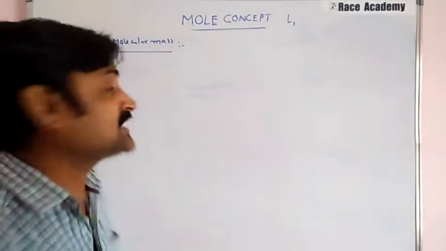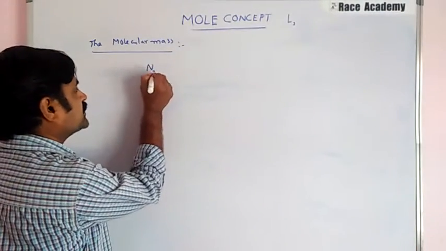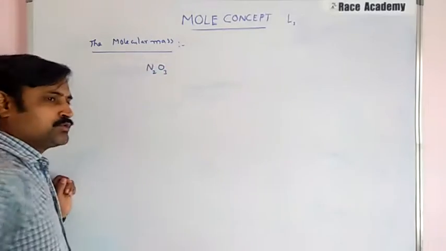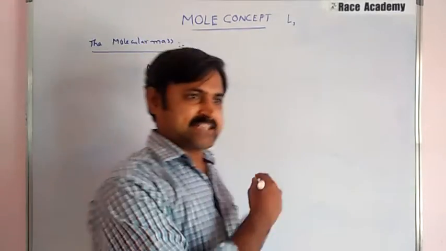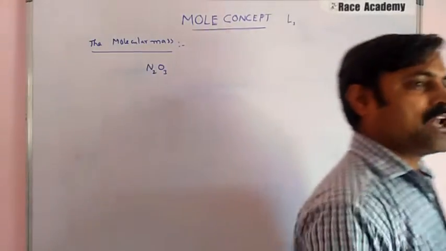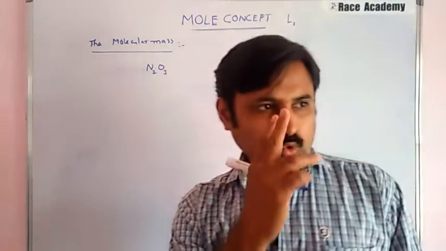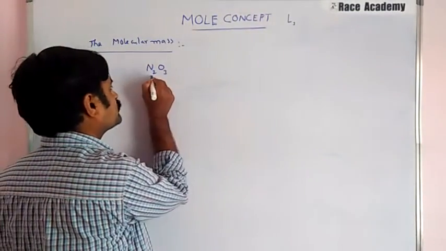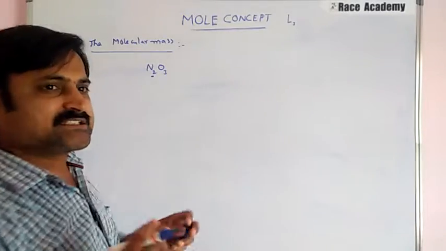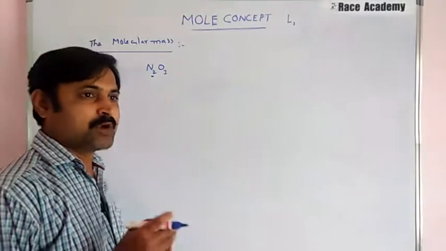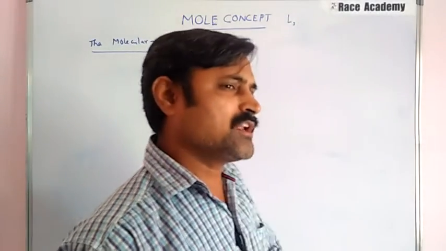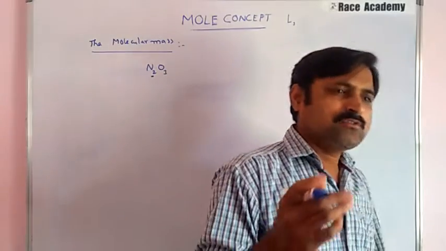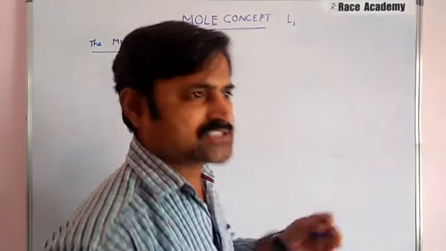For example, take the formula N2O3. Such a formula suggests that there are two atoms of nitrogen, and the 3 indicates 3 atoms of oxygen. So obtain the atomic mass of each element from the table and add the masses of the nitrogen and oxygen atoms.